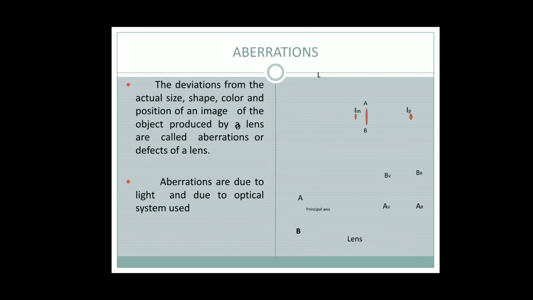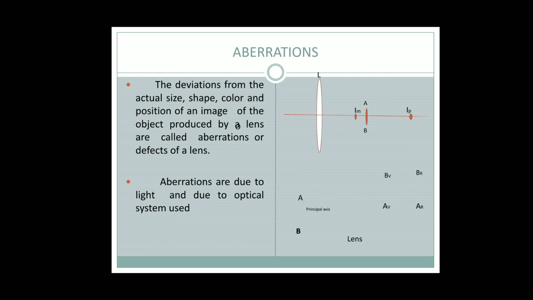So aberration can be defined as the deviation from the actual size, shape, color, and position of the image of the object produced by a lens. It is also called a defect of a lens. For example, this is a convex lens.